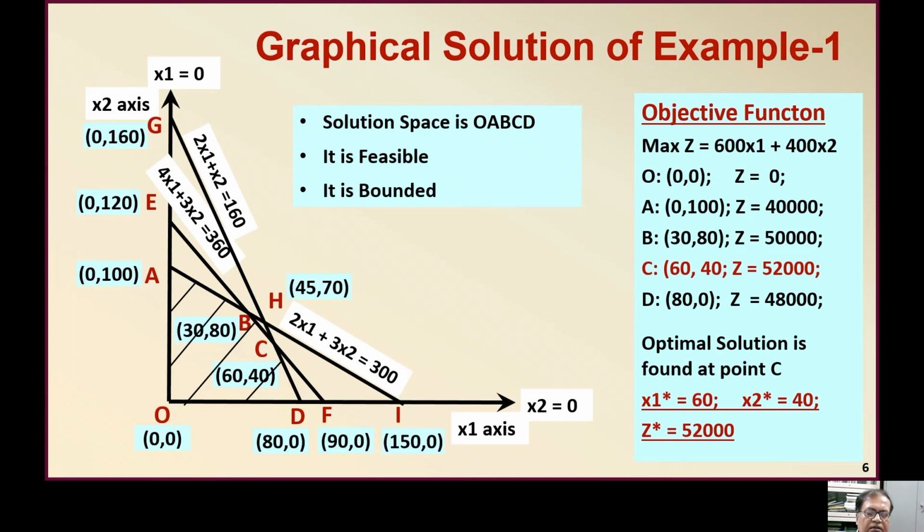Supposing any of the constraint lines had been nonlinear, or the objective function had been nonlinear, maybe we would have to see all the points within the feasible solution space as possible candidates. Right? But here we get the greatest advantage, that the optimal solution is nothing but one of the corner points. So that is the greatest advantage of linear programming, that the solution lies at one of the corner point feasible solutions.